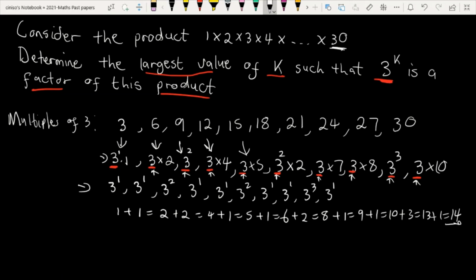So when you add all the powers, you're getting 14. We know very well that the factor is 3 to the power of k, so 3 to the power of k is equal to 3 to the power of 14. So therefore your largest value of k is going to be 14, because the bases are the same. We're just going to drop the exponents.